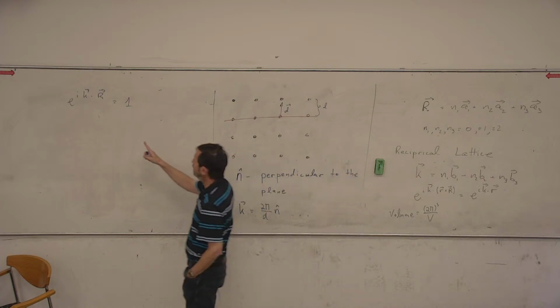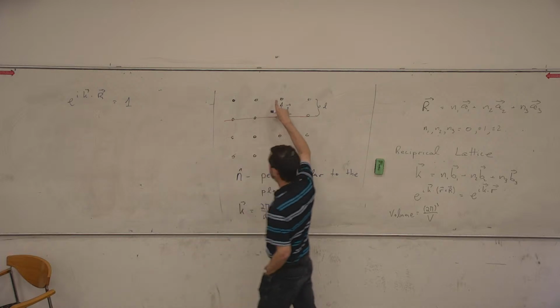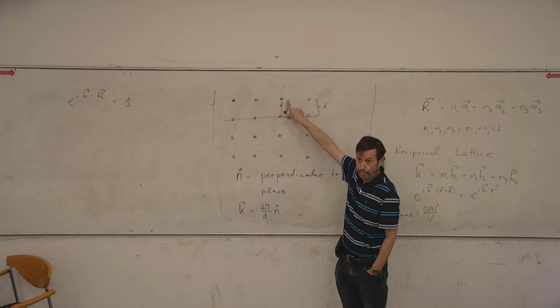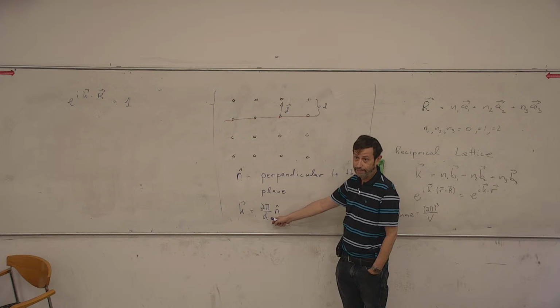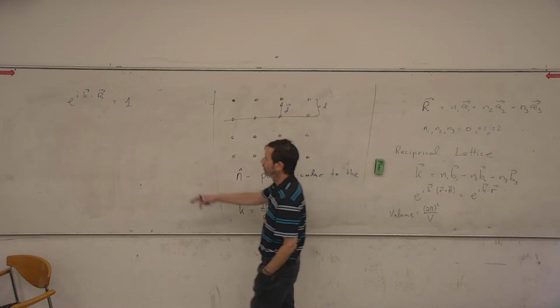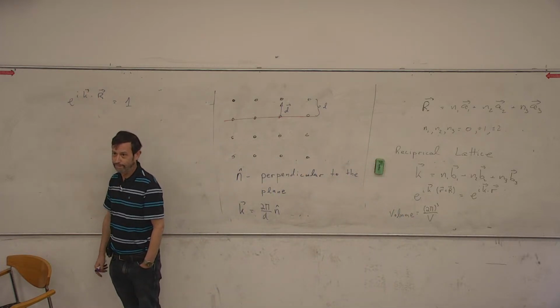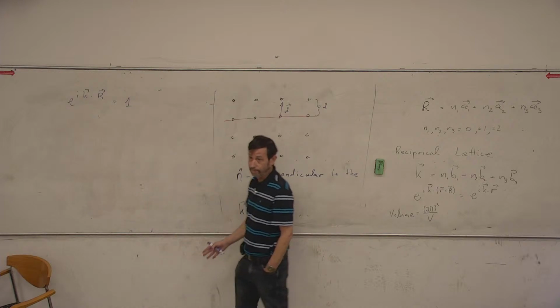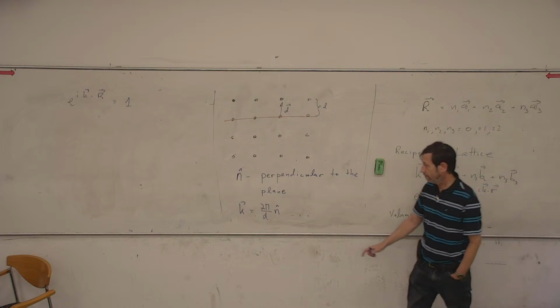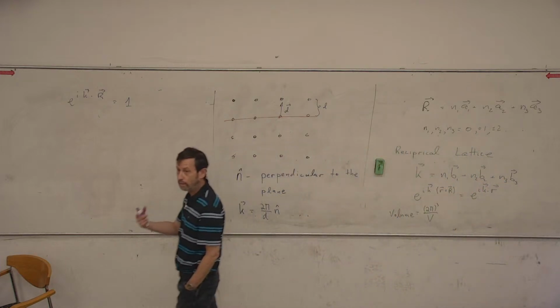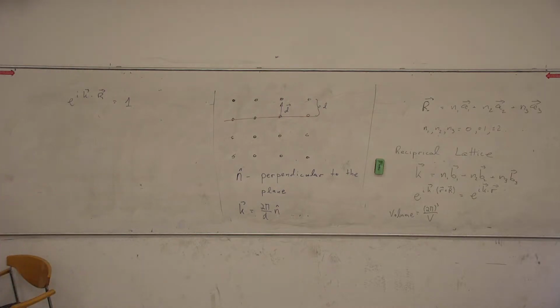So all that remains is the difference, which is perpendicular. And that is always 2 pi over d, which gives you 2 pi here. So I know that a vector perpendicular to a plane has to be a reciprocal vector.